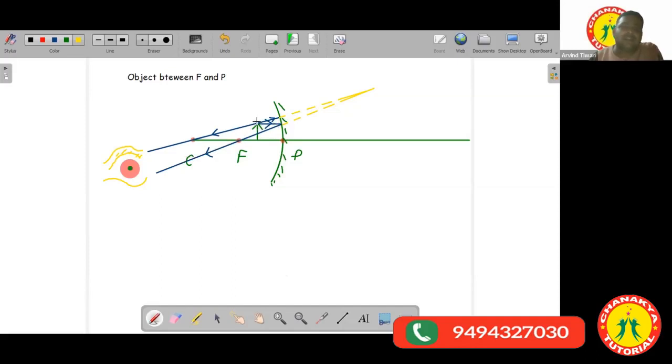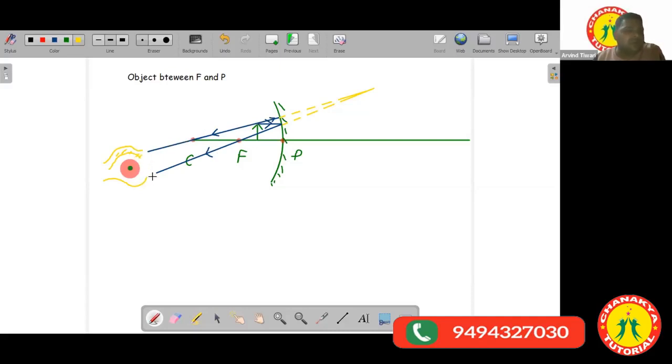The second light ray we have taken in the line of the center of curvature, going to the mirror. So it will retrace its path since it is in the line of the center of curvature. So whatever light ray is in the line of the center of curvature, it will retrace its path. Okay, so it retraces its path and comes over here.